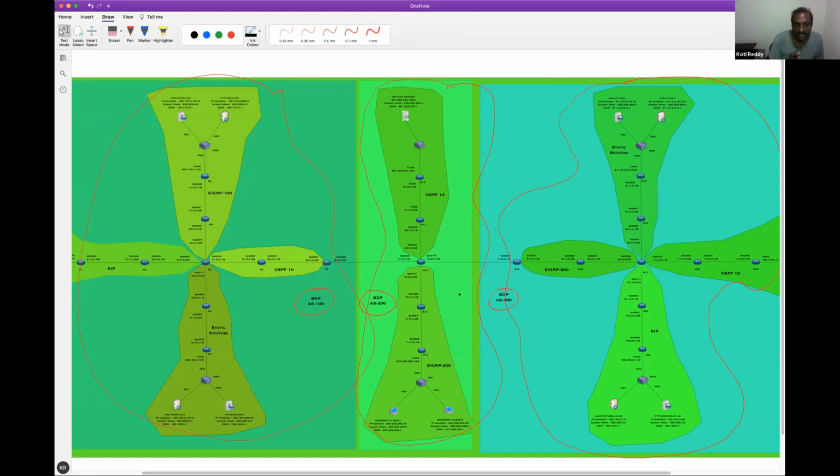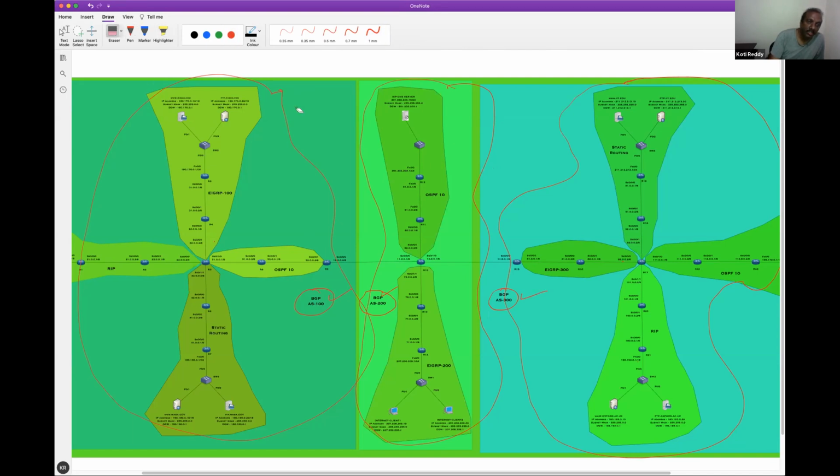The internet is divided into small areas, and those areas are called what? Autonomous systems. Different ISPs will take care of different areas. We'll understand more in depth about what is meant by an AS later. As of now, let's understand there are 3 different ISPs, and their networks are identified by AS100, AS200, and AS300.